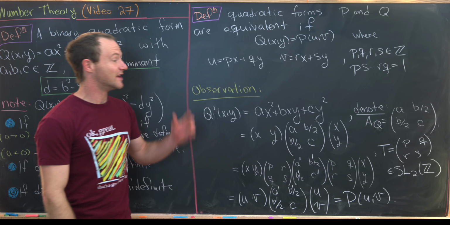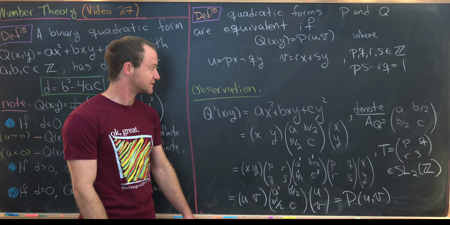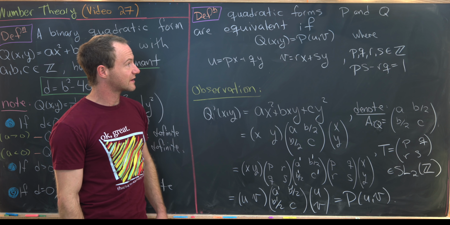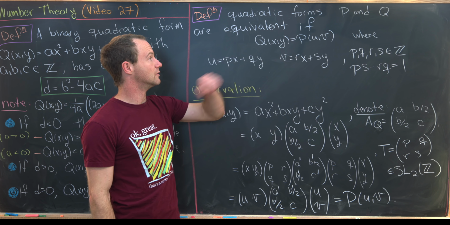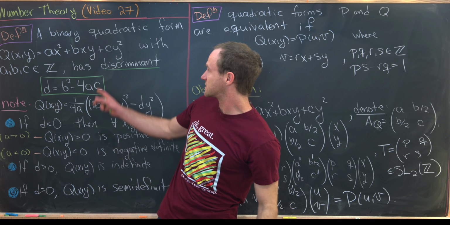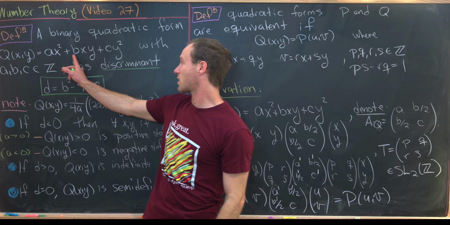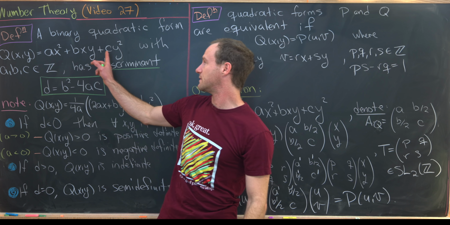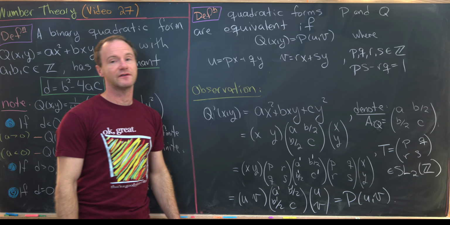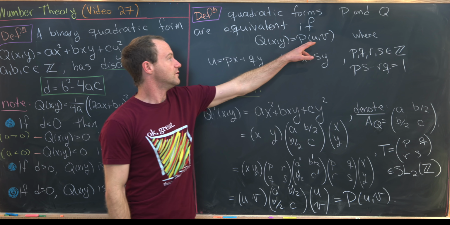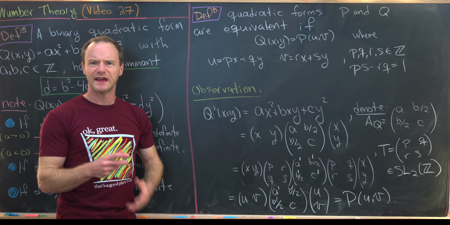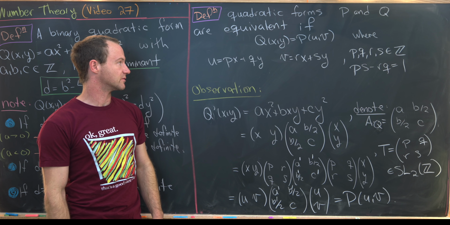Now let's look at another definition, building towards an observation. Take quadratic forms p and q, where q has coefficients a, b, and c, and p has coefficients a prime, b prime, and c prime. These are said to be equivalent if q of x,y equals p of u,v, where (u,v) and (x,y) are related just via a change of variables.